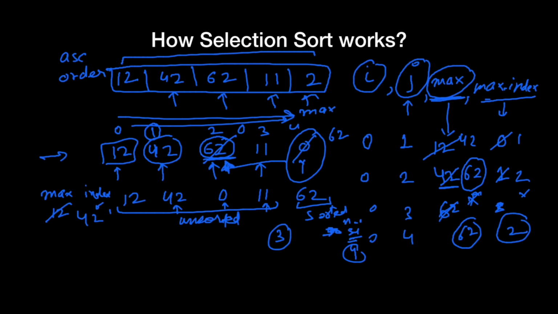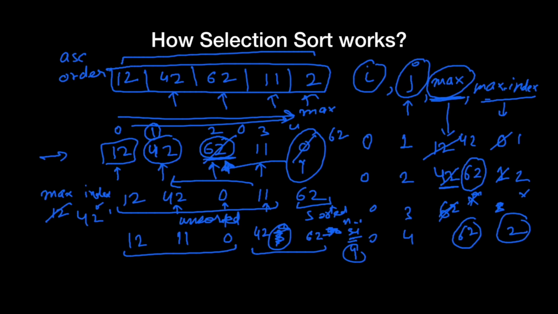So now we've reached the end of the array and we'll be swapping 42 and 11. So our array would be 12, 11, 0 and 42. Now this is the unsorted array and this is the sorted array.